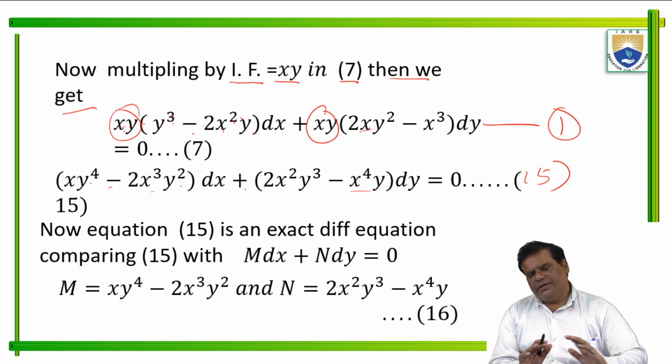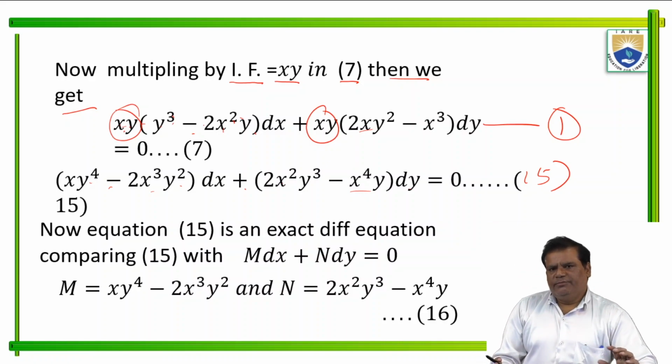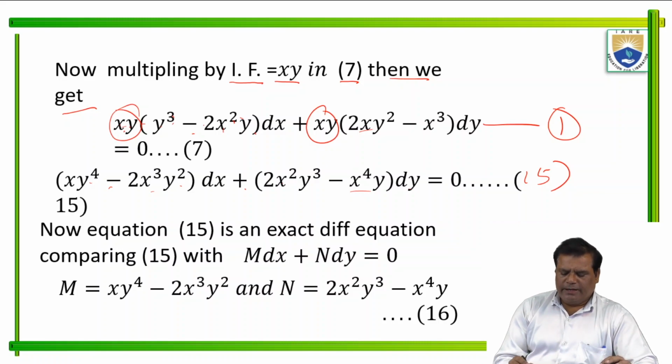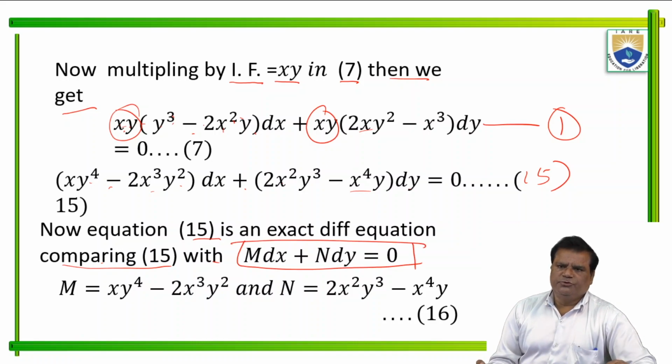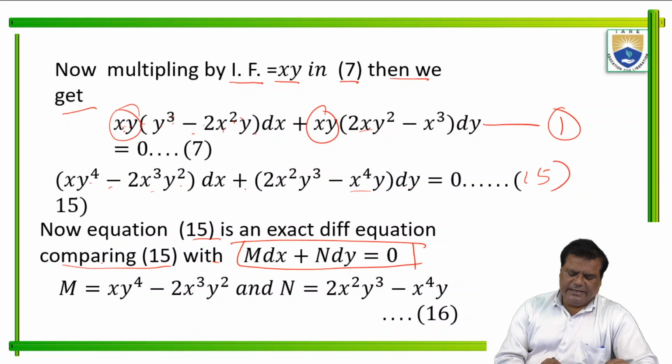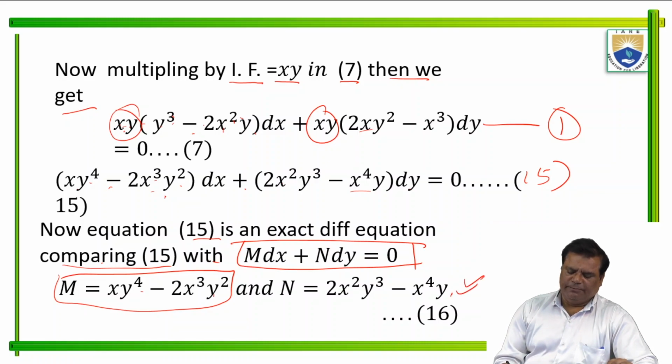Now equation number 15 is an exact equation because this is the confirmed integrating factor. So equation 15 is an exact differential equation. Comparing 15 with M dx plus N dy equal to 0, M is xy to the power 4 minus 2x cube y square, and N is 2x square y cube minus x to the power 4 y.